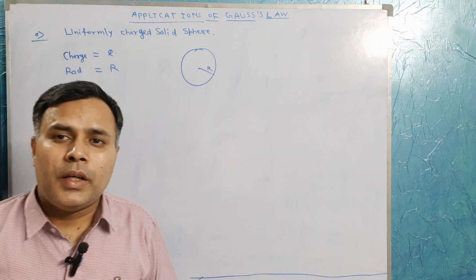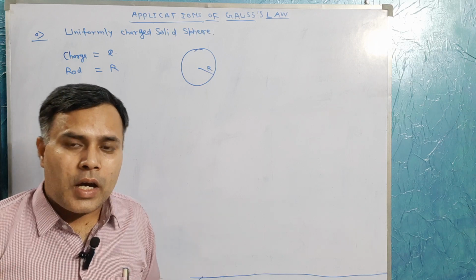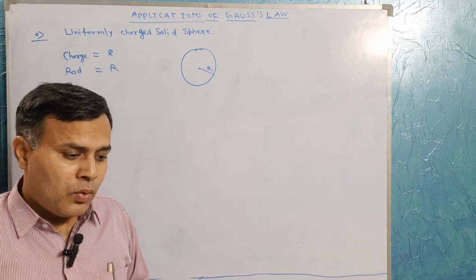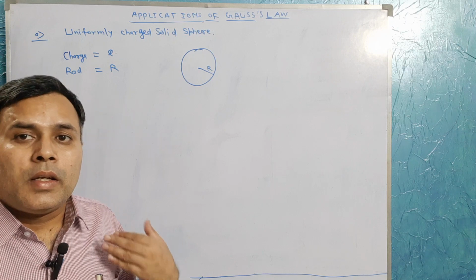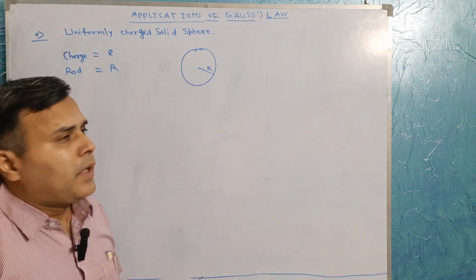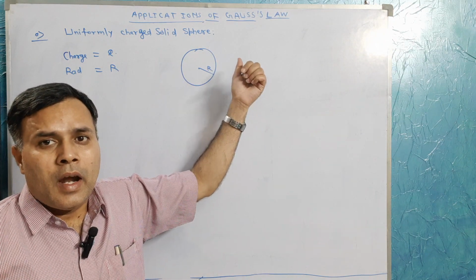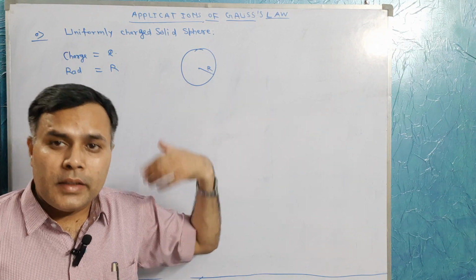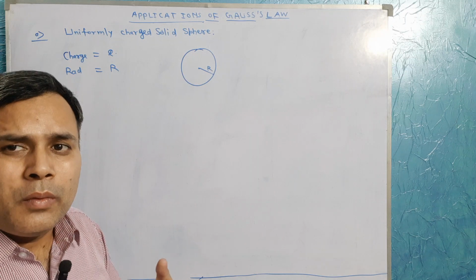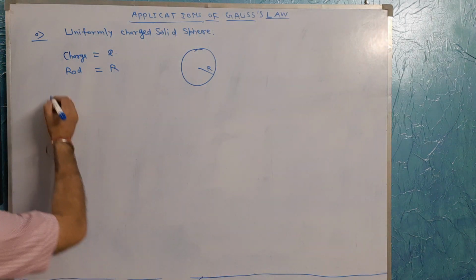So we have two different situations. In case of a sphere, if it is uniformly charged, we can find the electric field in two different situations: one outside the sphere, and the other inside. So we will discuss two different cases.